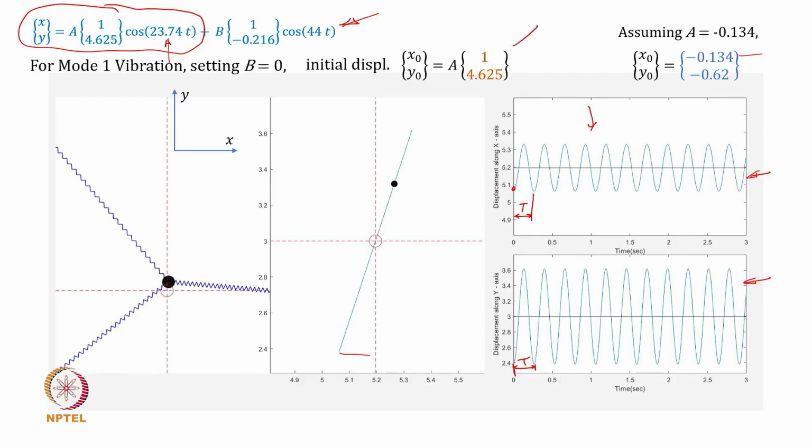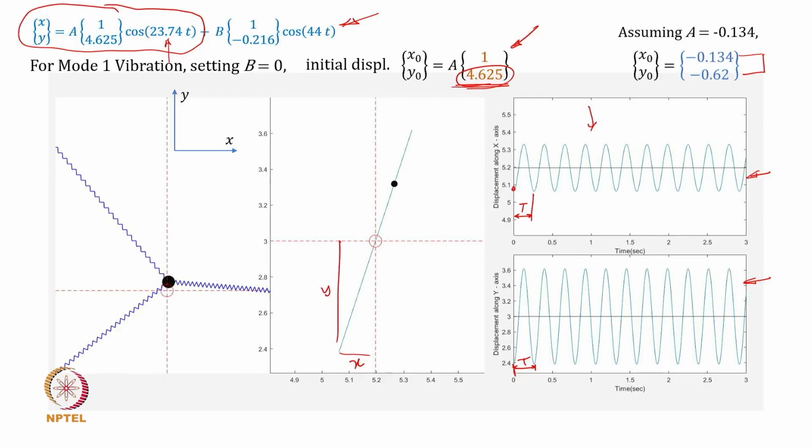That is possible because we give initial conditions that conform to the mode shape that has been obtained for that particular frequency. So the first mode shape is 4.625. So we ensure that at t equal to 0, that ratio is maintained, and so if you see this x and this y ratio is going to be 4.625.